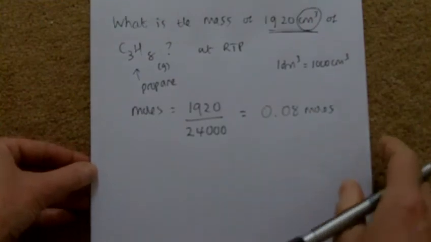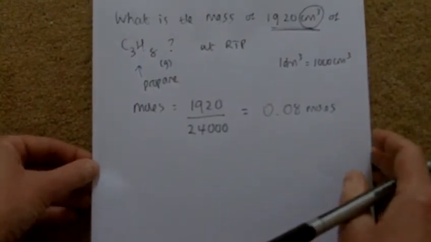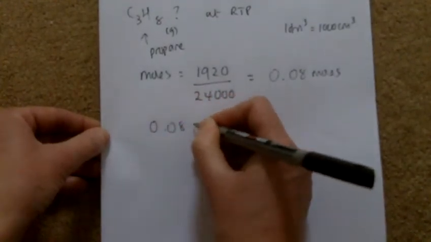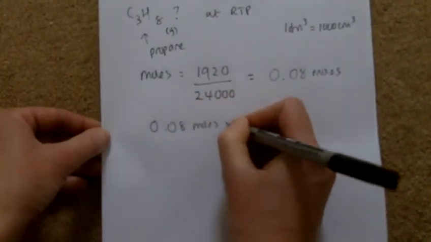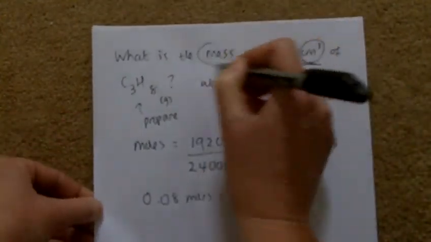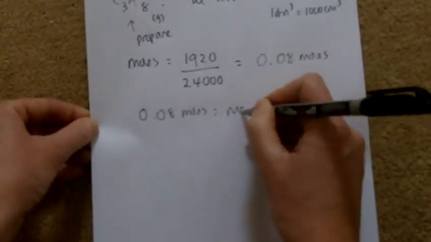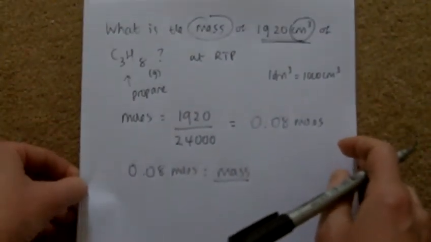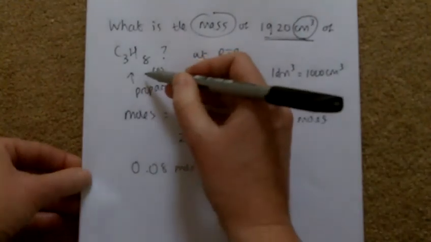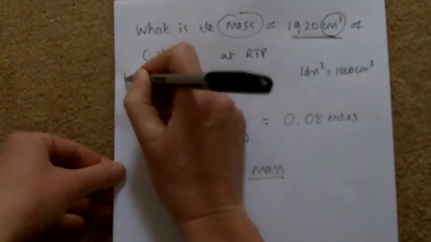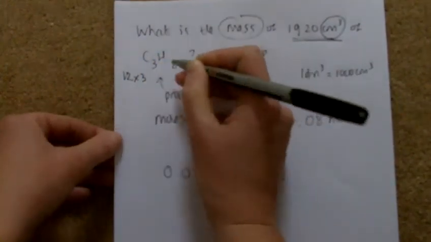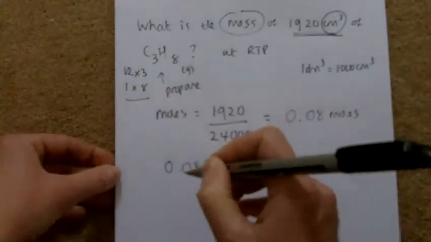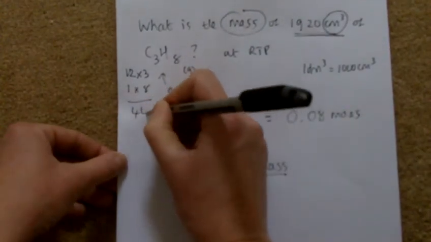Then 0.08 moles equals, because we're trying to find the mass, mass over molar mass. You've got to work out the molar mass of propane. So carbon is 12, 12 times 3, hydrogen is 1, so 1 times 8. You add that up and it comes to 44.